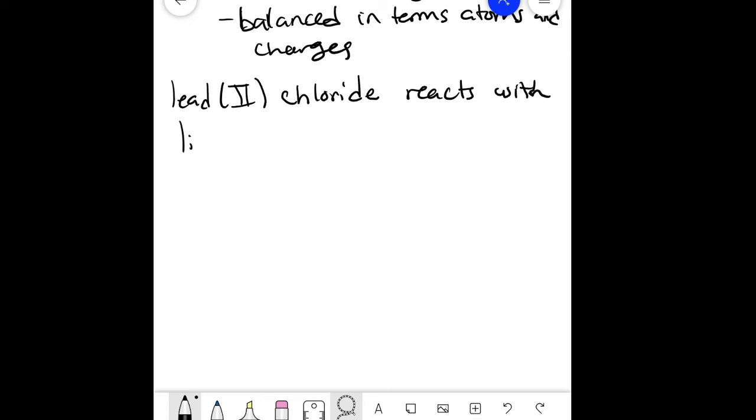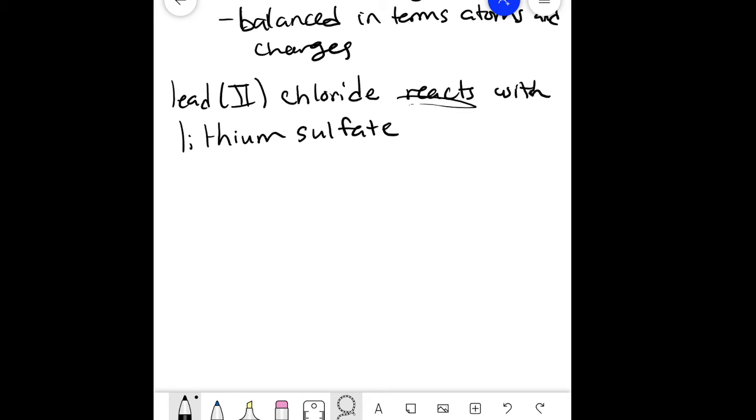So lead(II) chloride reacts with lithium sulfate. Okay, so the first thing you want to do is figure out what your products are, because these are both your reactants.